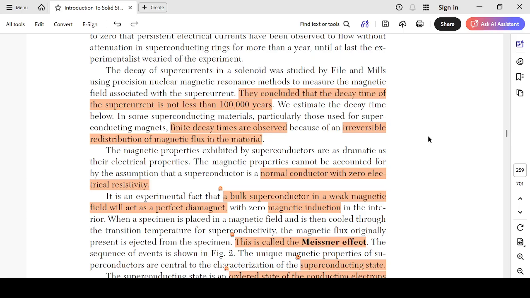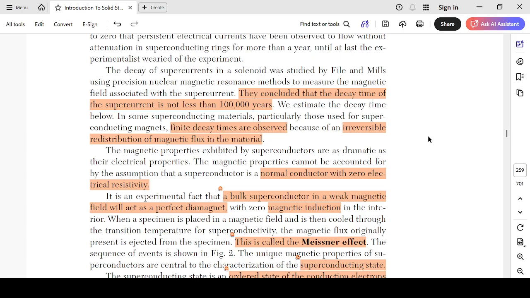But in experiments, if we want to estimate the decay time, it is observed that the decay time becomes finite. The reason for this finiteness of the decay time for the superconductor is irreversible redistribution of magnetic flux in the material.